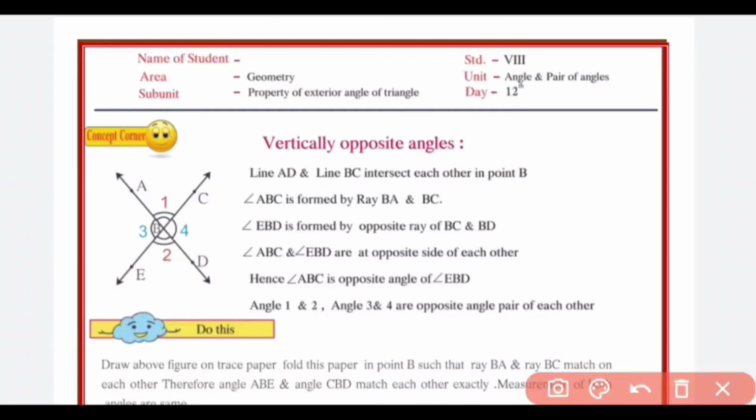Similarly, we can see these two angles, angle ABE and angle CBD, shown in green color as 3 and 4. These two angles are also known as vertically opposite angles, though they can be seen as horizontal, and their measures are equal. They are congruent with each other.